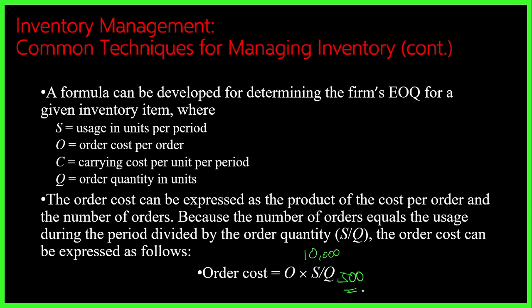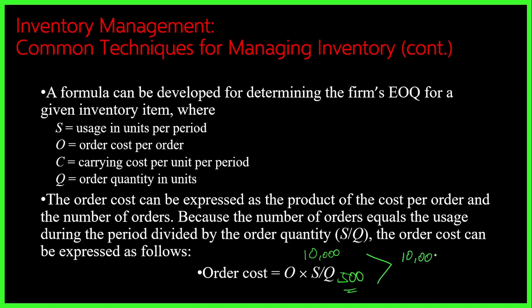So, ilang beses kang bumili sa isang taon? How many times are you going to purchase in 1 month pala? I'm sorry, this is a monthly example. So, you simply divide. Okay, so you have 10,000 divided by 500. So, mga ilan yun? 20 ba? Is it 20?